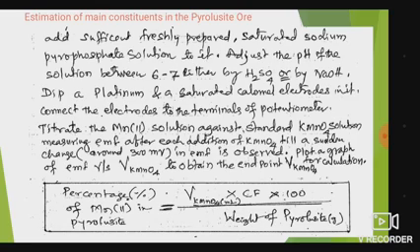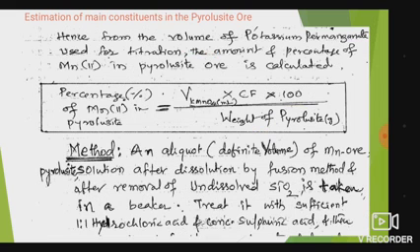So it is a simple potentiometric titration. What is the method for this? A definite volume of the Mn ore pyrolusite solution, after dissolution by the fusion method and after removal of undissolved SiO2, is taken in a beaker.